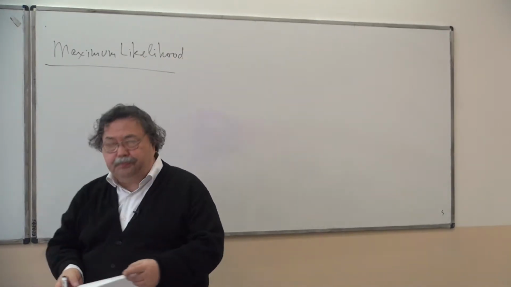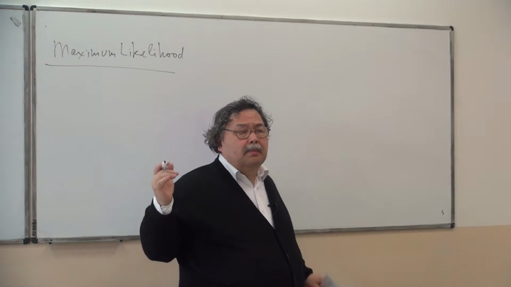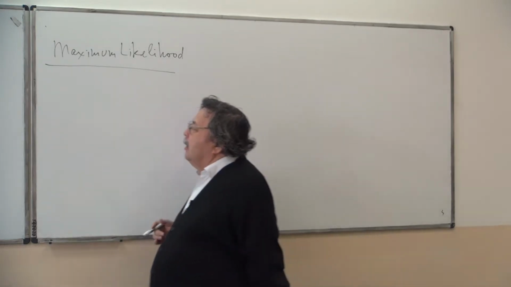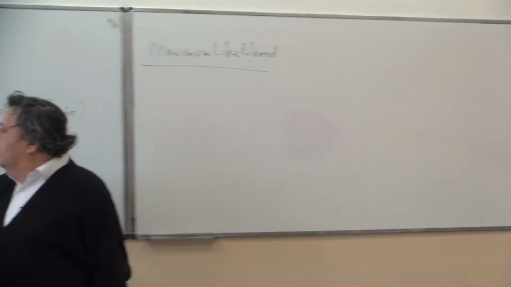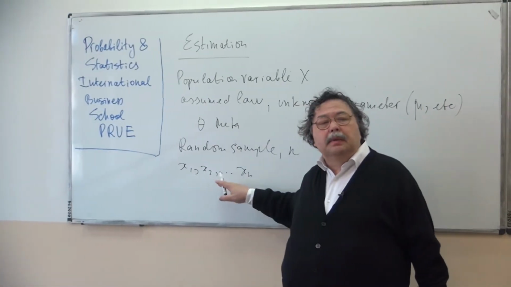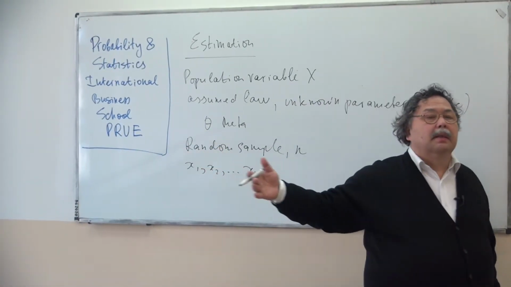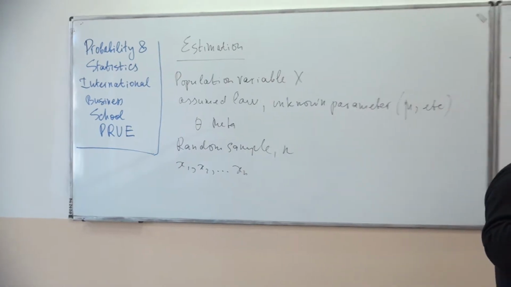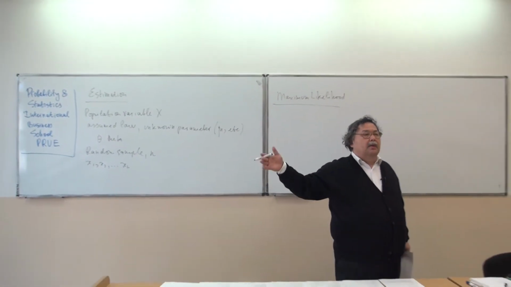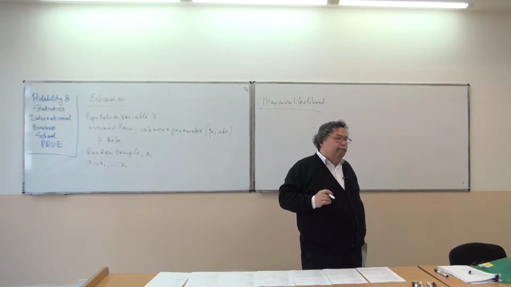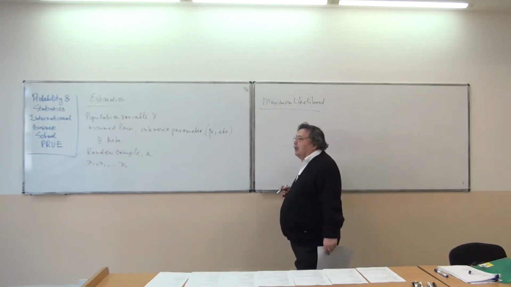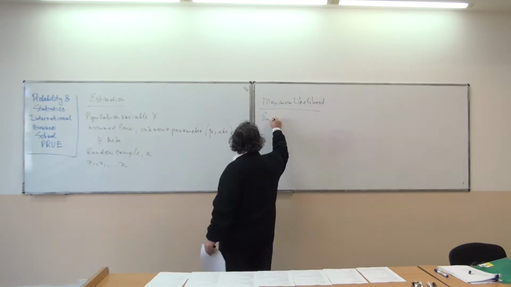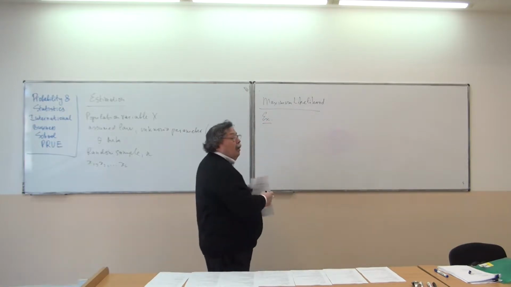Now, what is this about? Given the sample data, what value of theta makes these values the most likely? This is the question that is asked. Okay? Let's illustrate this by an example.